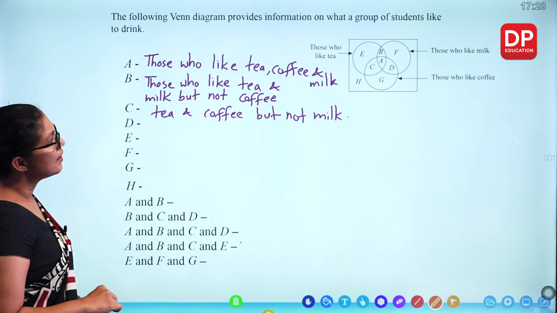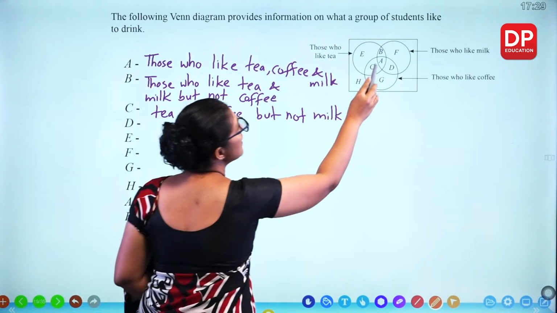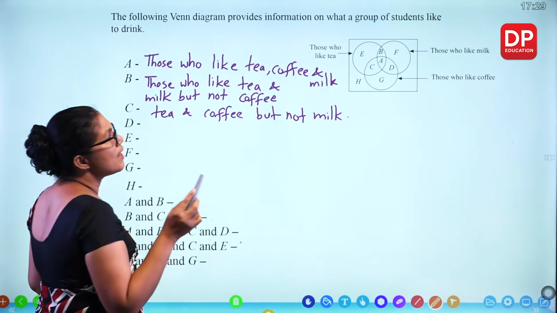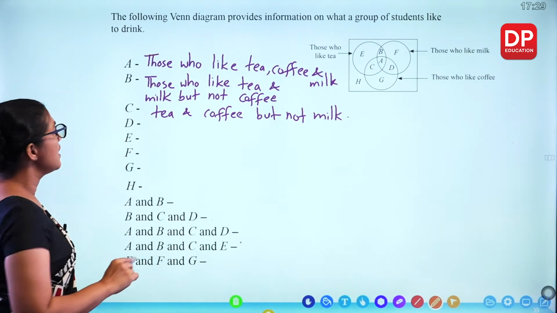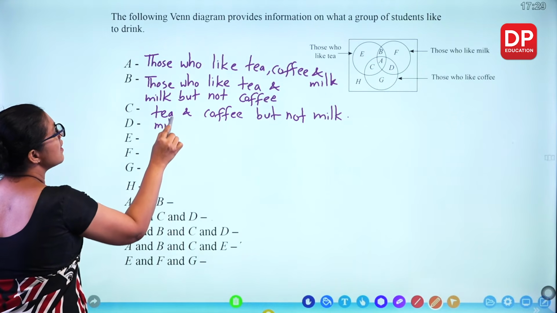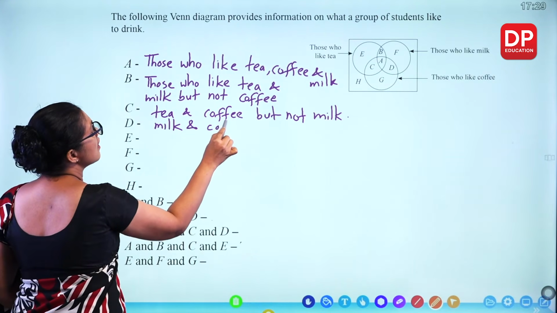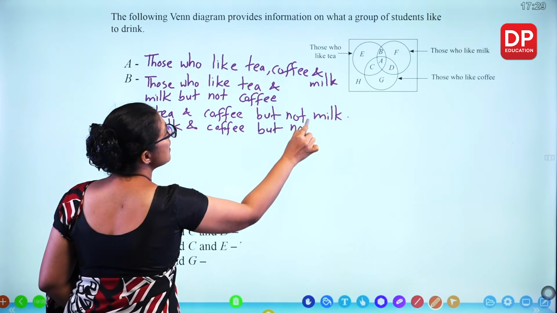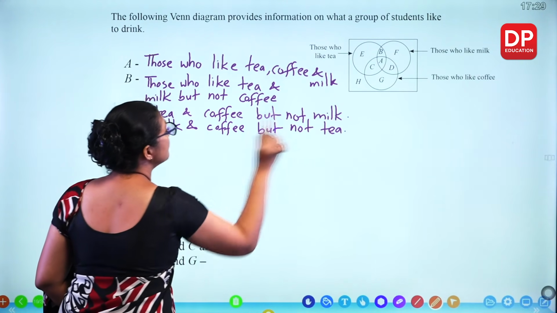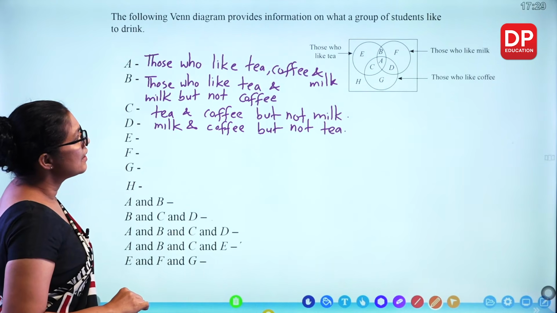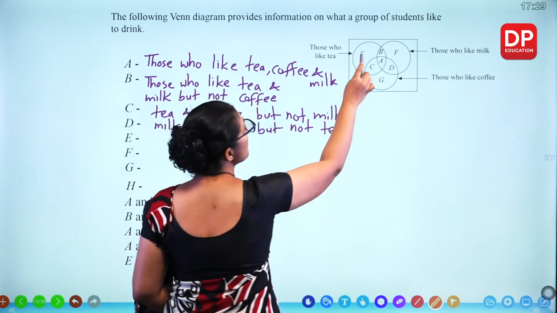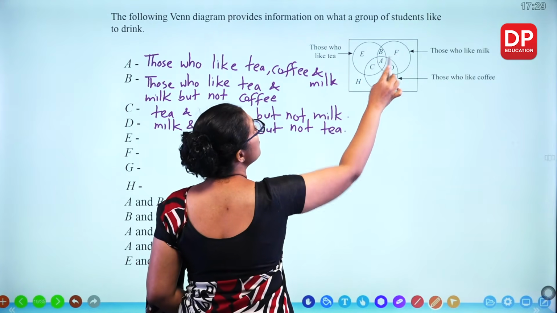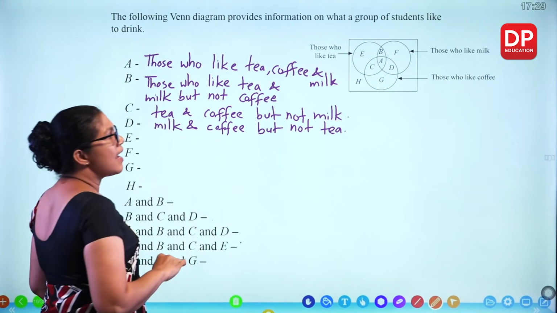D is outside this circle, so that means not tea. Those who like milk and coffee but not tea. E region. Where's E? This one. That means belongs to tea but does not belong to milk and coffee.